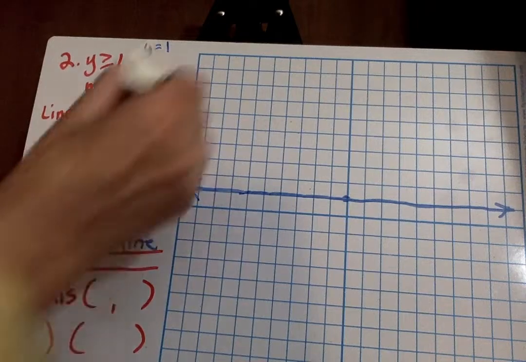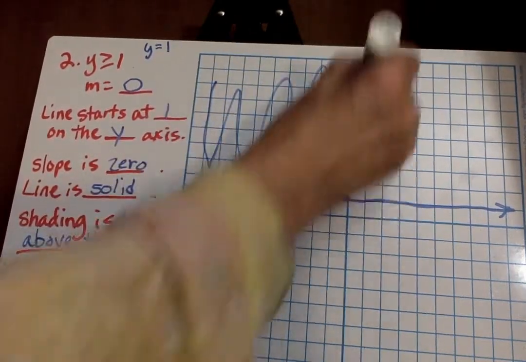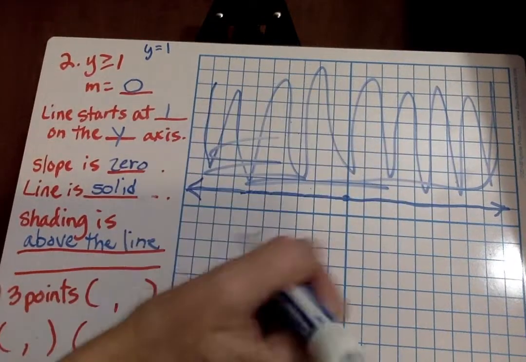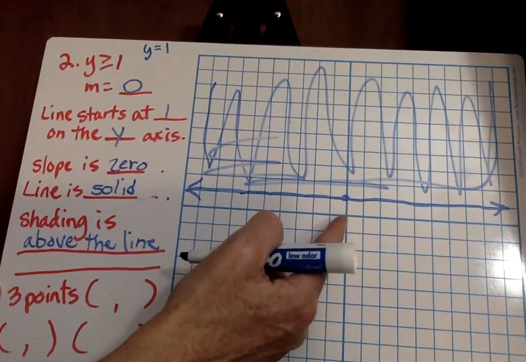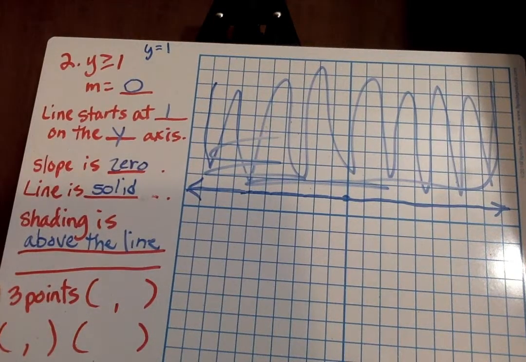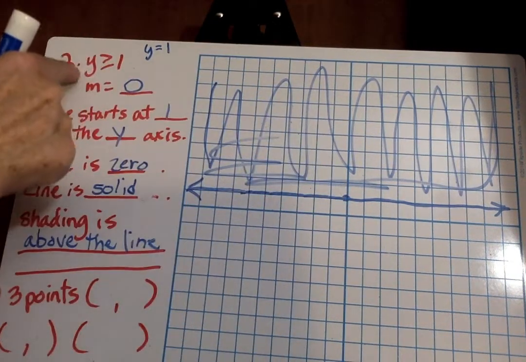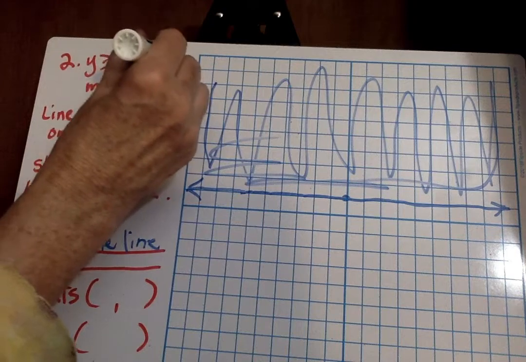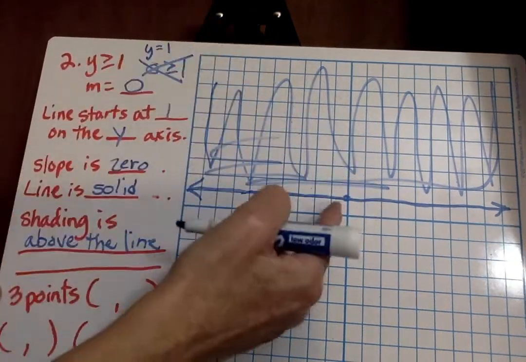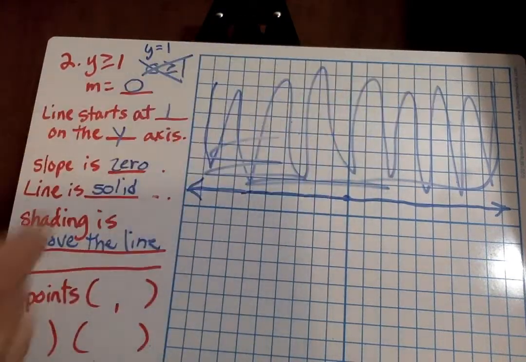And shading is above the line, so all this should be shaded. Now I see that 0, 0 is not shaded right here, so I'm going to check 0, 0 and make sure it makes an incorrect statement. Is 0 greater than or equal to 1? No, so 0, 0 cannot be shaded and everything else is there.